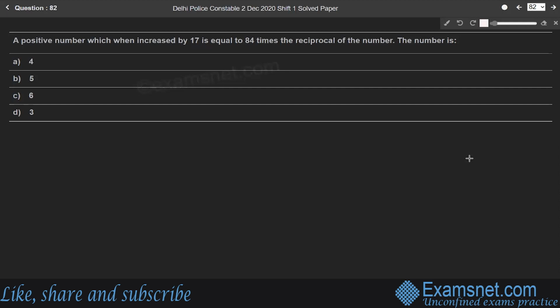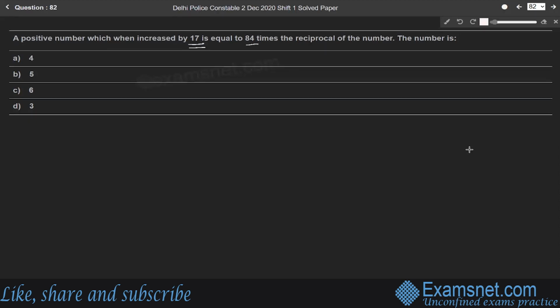Question 82. A positive number which, when increased by 17, is equal to 84 times the reciprocal of the number. Then the number is. So, the solution. Let the number be x. Let the positive number be x.